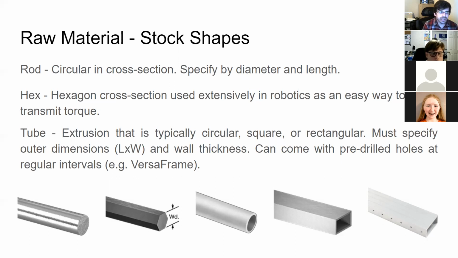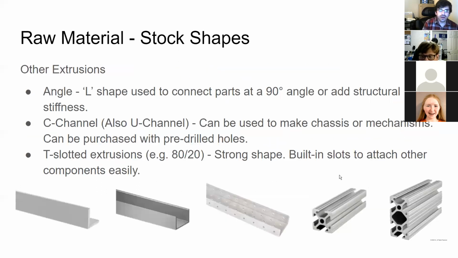And sometimes, depending on what we're buying, it could have other features. So Versa frame comes with holes drilled on 2 of the sides. And then the wall thickness varies, so that will affect how strong it is and how light it is. We also use angle a lot.